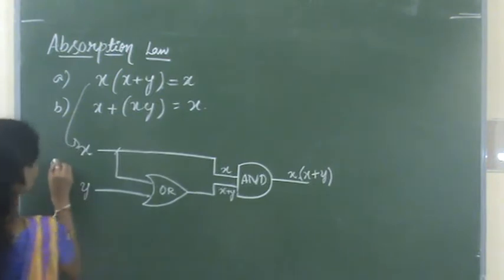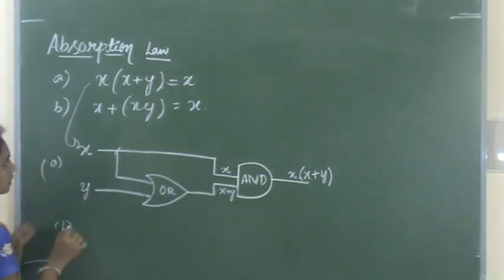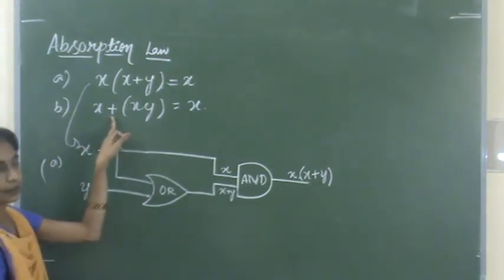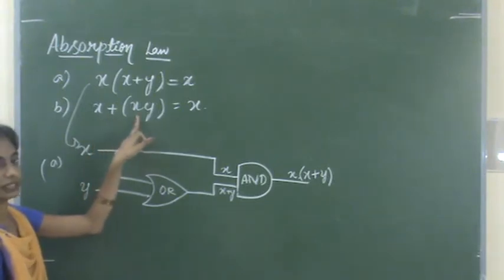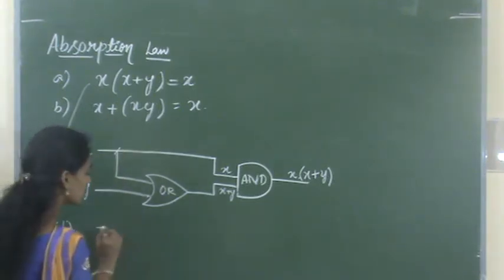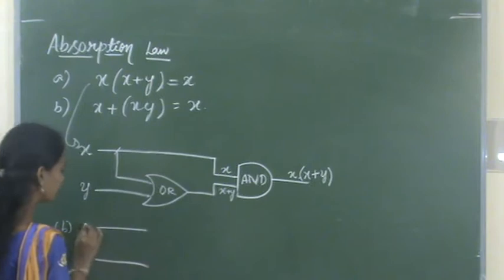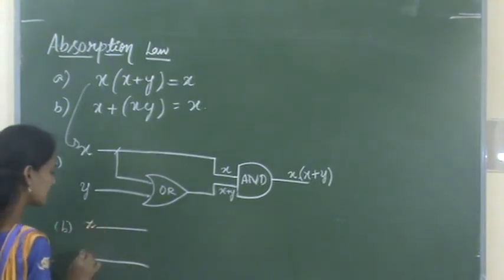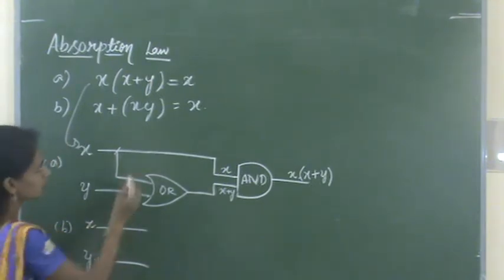For the second one we can also write it. Here it is performing an AND operation and then an OR operation. Here also we are providing two inputs, x and y.